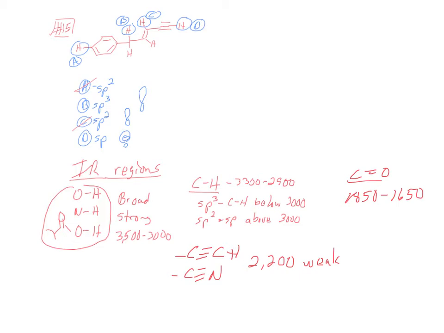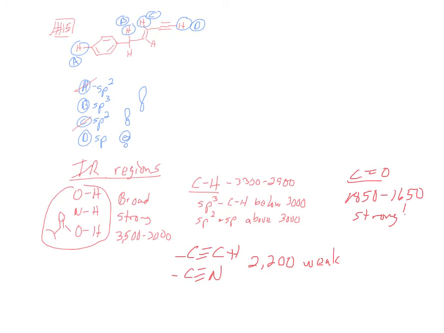So C double bond O is 1850 to 1650. Again, you can try to memorize these. I don't think it's absolutely necessary. Most of the problems you can figure out without having that exact knowledge. And they're usually pretty strong peaks.